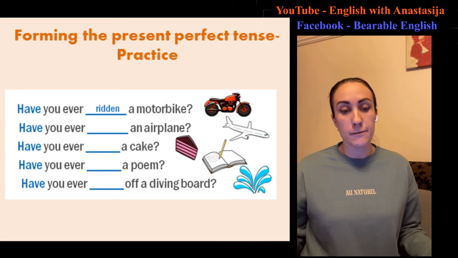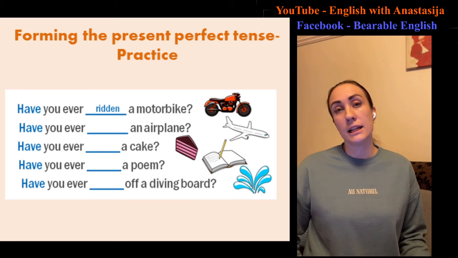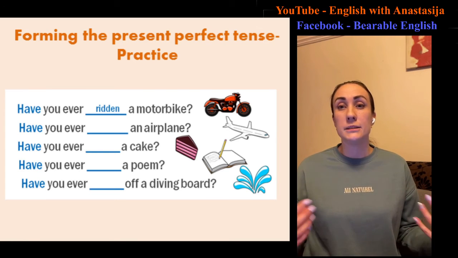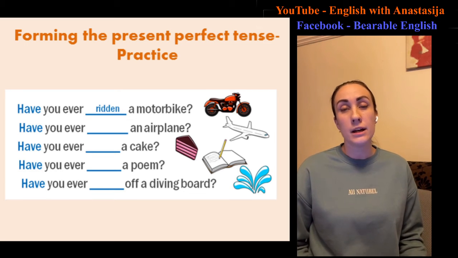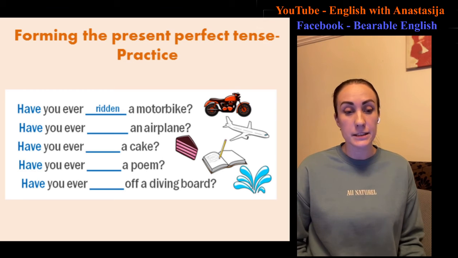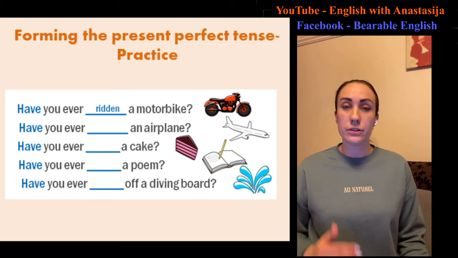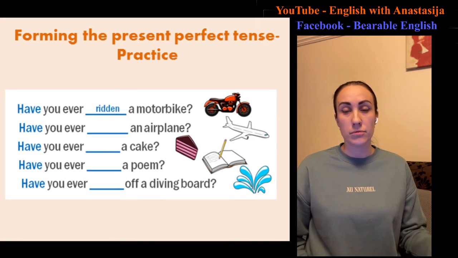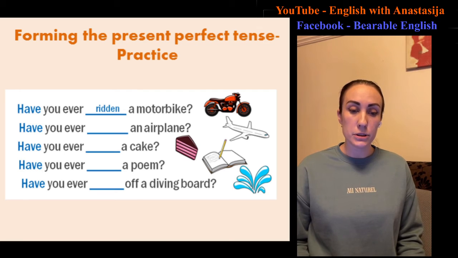So have you ever ridden a motorbike means that we are asking about some kind of an experience. I'm interested to find out whether you have an experience of riding a motorbike. In this case, have you ever ridden? We need the third form, the past participle. Ride, rode, ridden.